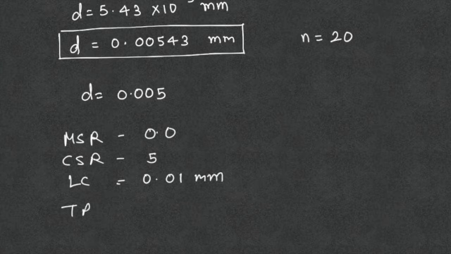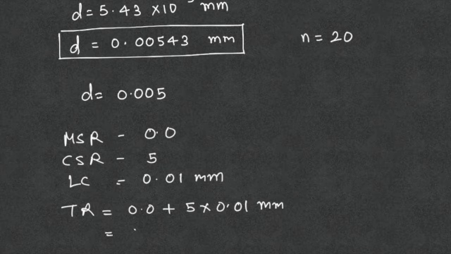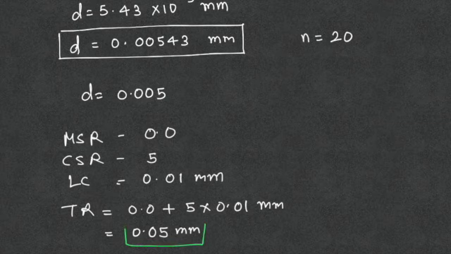Hence, the total reading was MSR plus CSR multiplied by the least count, which comes out to be 0.05 mm. So if you compare the two, this is 10 times bigger than what we should get.